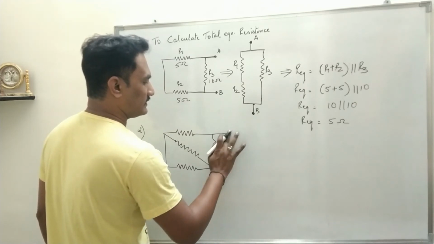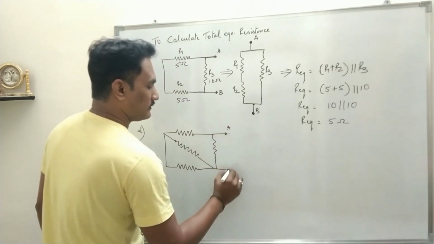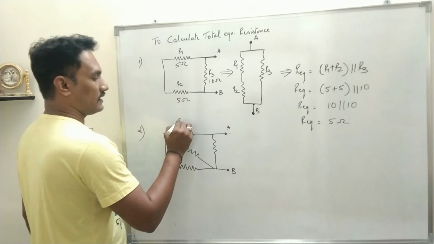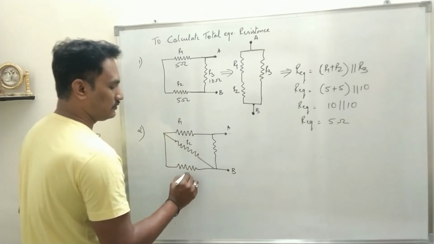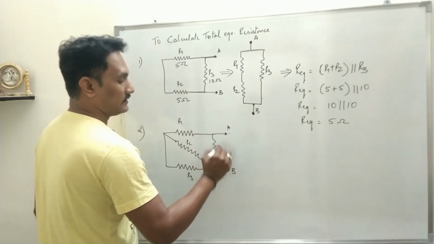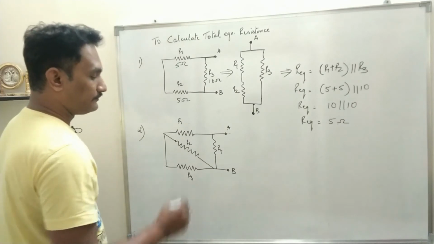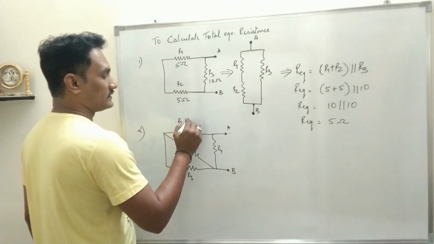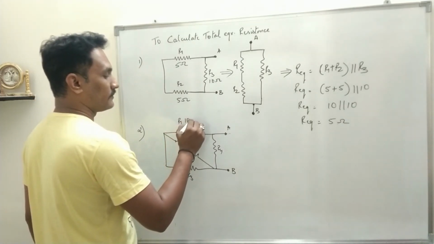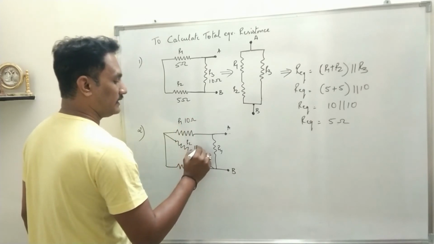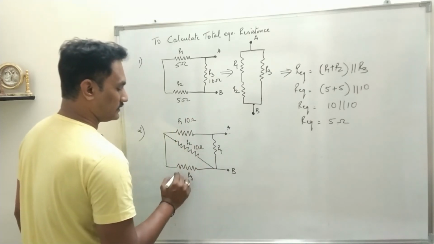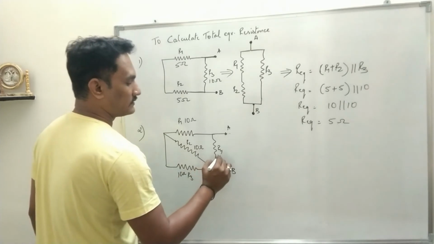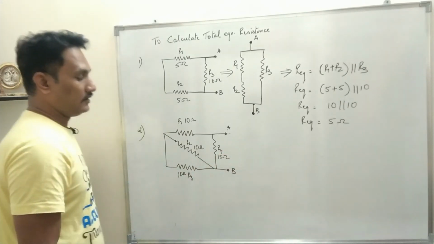So let's say this is A, this is B, so this is R1, R2, R3, and this is R4. So let's say this is 10 ohms, this is 10 ohms, this is also 10 ohms, and this is 15 ohms.